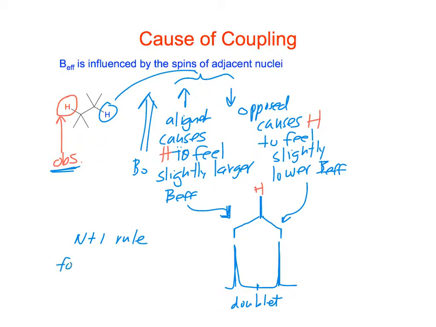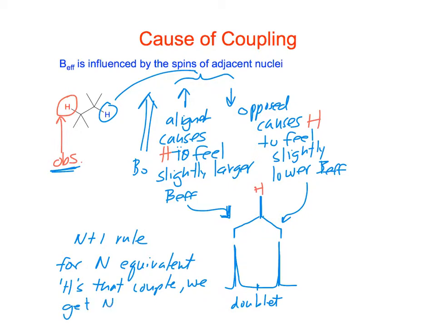So for N equivalent protons, and I guess it's not going to be only on adjacent carbons, let's say that couple, we get N+1 peaks.